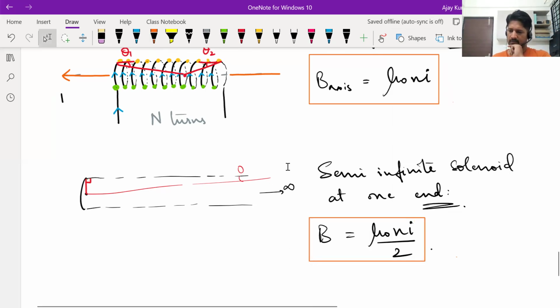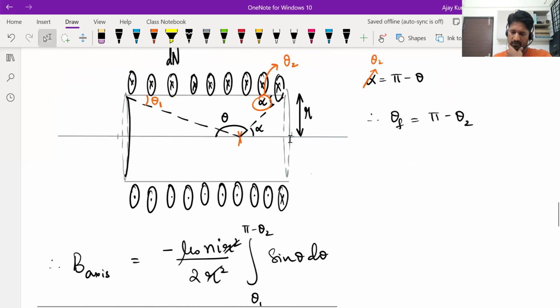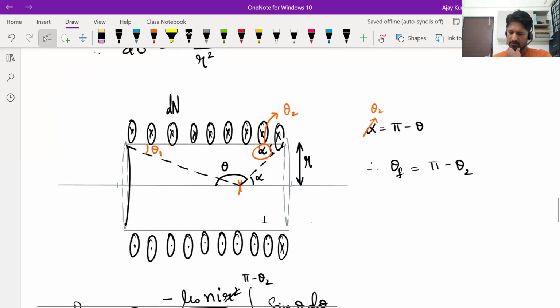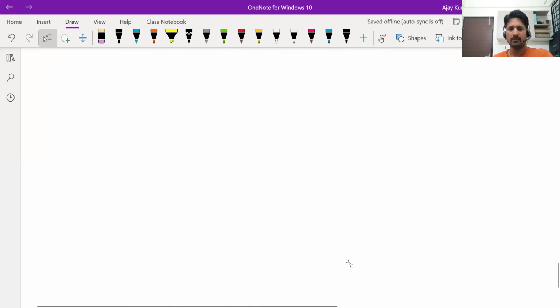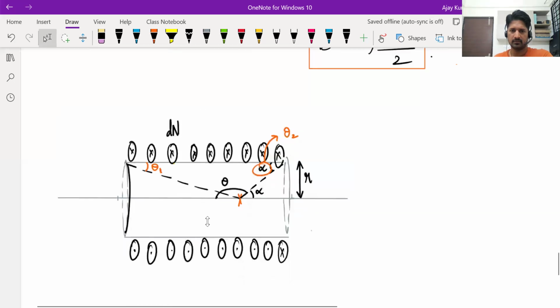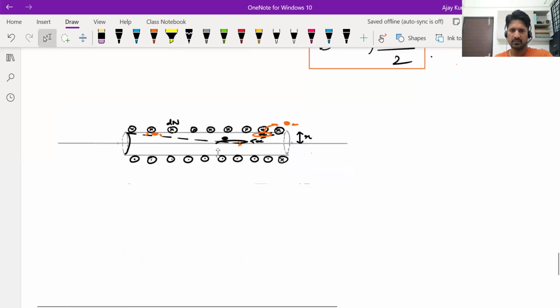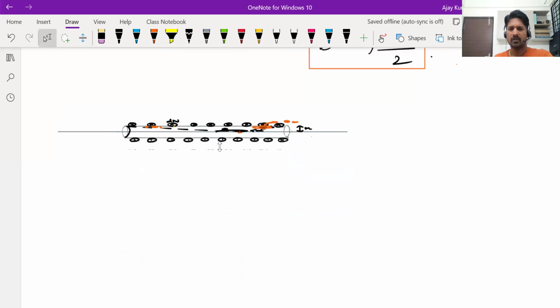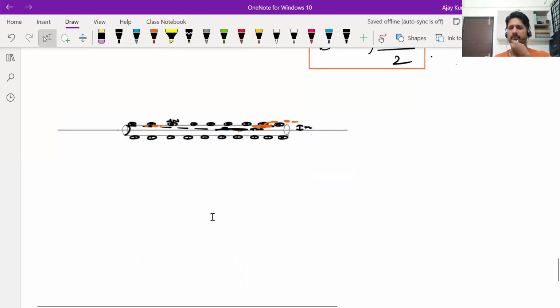Okay. Now see, in reality, there are no infinitely long objects. Finite only. Now you consider this case. Let's consider this diagram. Assume the solenoid is very thin compared to its length. Let's say it's like this. What are theta 1 and theta 2 tending to become?